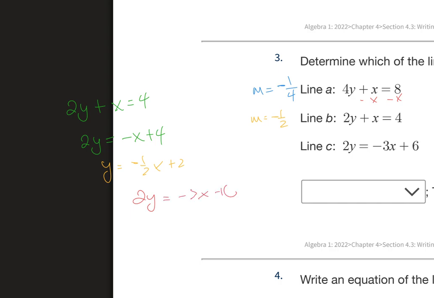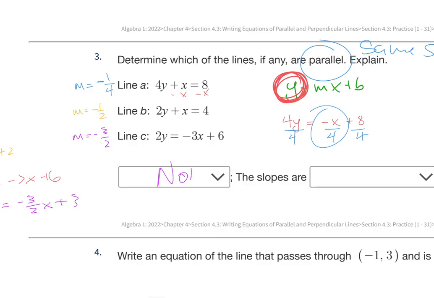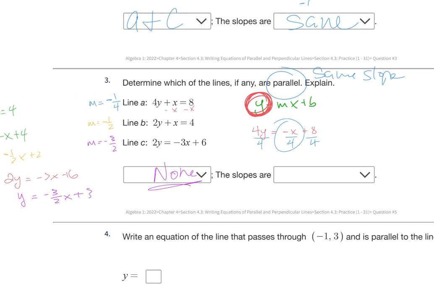We don't even have to write this one out, because we could have divided by 2 in our heads. And the slope of this one is -3 over 2. So the answer is none, because the slopes are all different. None of those slopes are the same, and they need to be the same to be parallel.